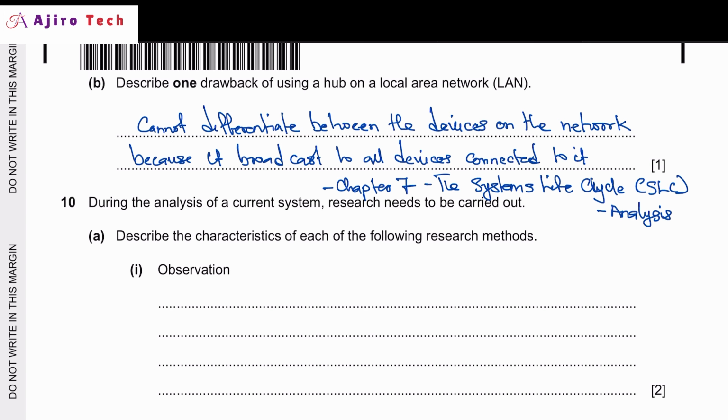Now we have research method and we have the analysis phase. Let me explain what I'm talking about so you have a clear picture of what I'm saying, because this would really help you a lot. Now, when we talk about the analysis, right?